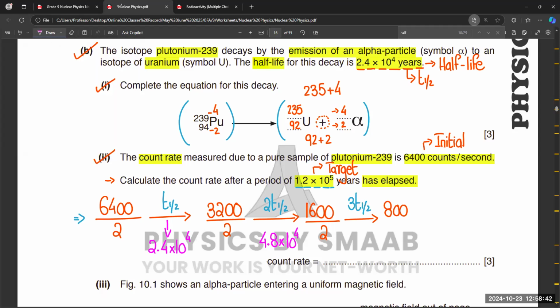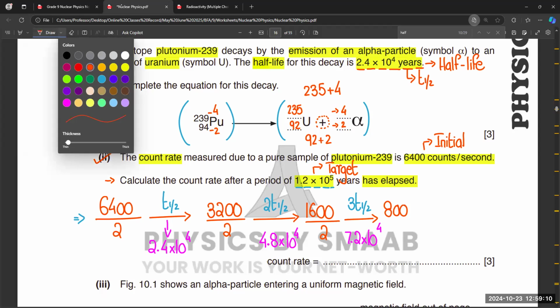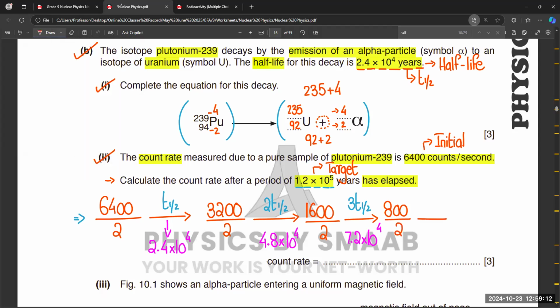We need to add again 2.4 exponent 4 to the previous value, so that is equal to 7.2 exponent 4. We are still not getting the targeted value. It means we need to perform one more half-life, 400, right? So this is the fourth half-life.